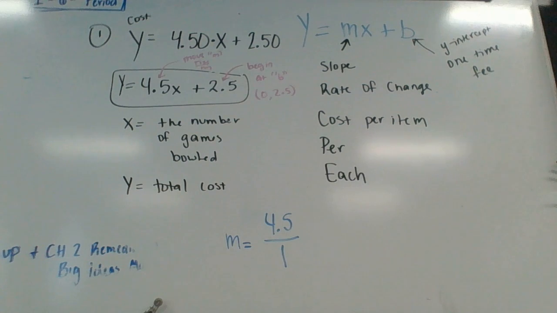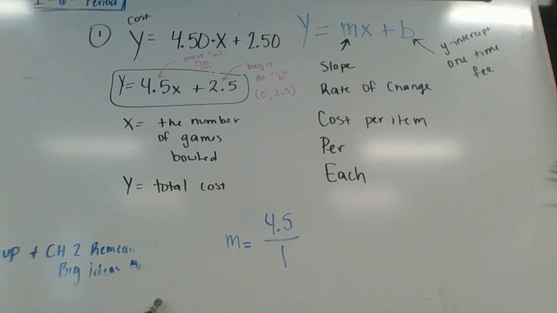Alright, so beginning at 2.5, I'm counting up 4.5. So I'm going to try to count by 1. So this would be 1, 2, 3, 4.5 lands me at the number 7. So I'm going to go up 4.5 over 1.